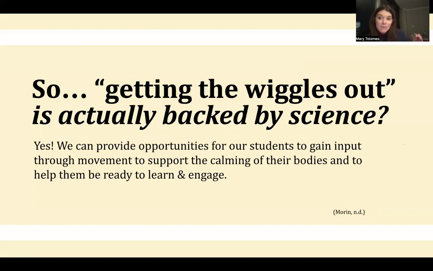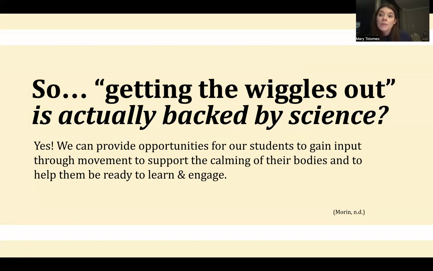Okay, so we talked about proprioception earlier and what that is. So quick review, that is our system that lets us know where our body is in space. Typically, proprioceptive input is calming, not always, but typically.